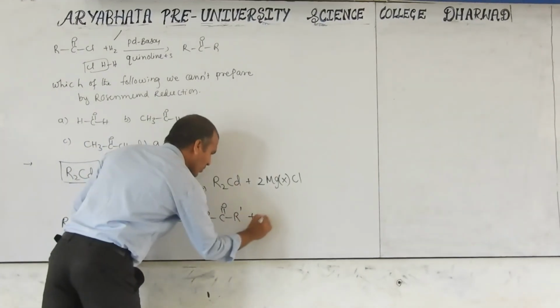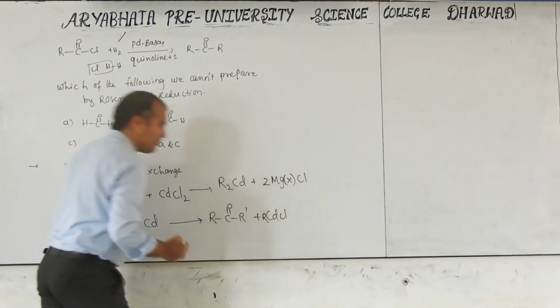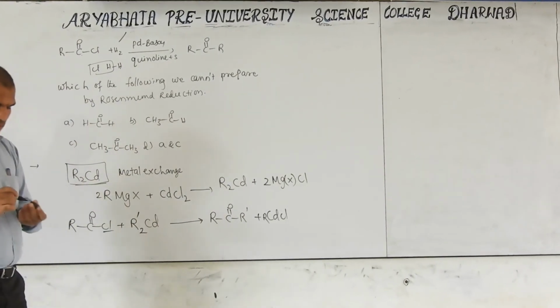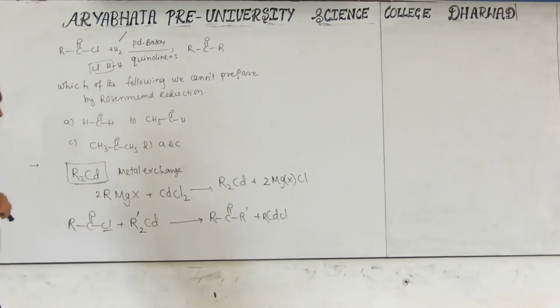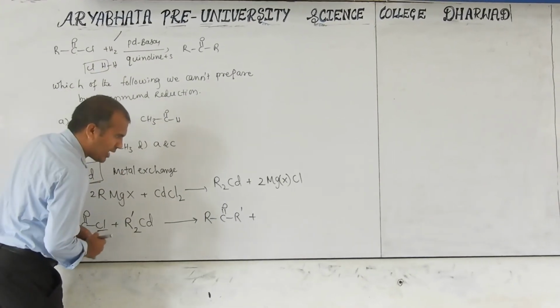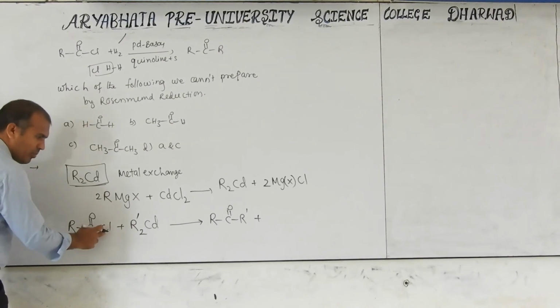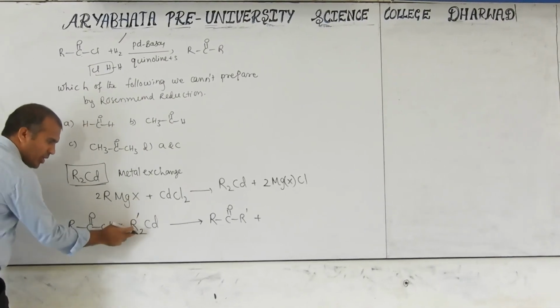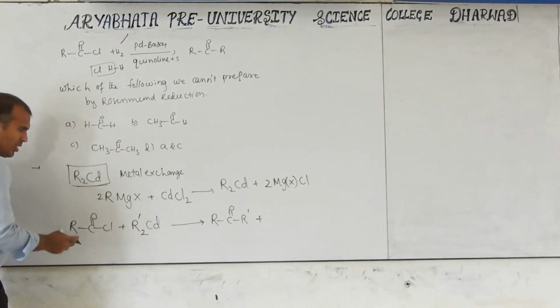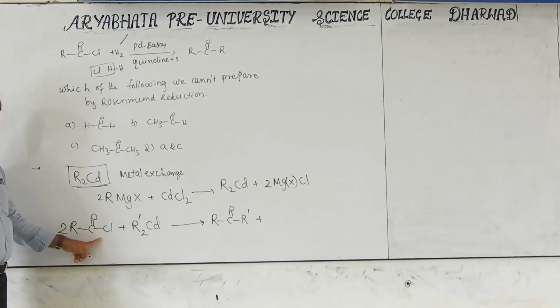Next, cadmium chloride. Now, actually, that is not R cadmium chloride, it is chlorine replaced with the alkyl group. How many alkyl groups are there? 2. That's why you have to take here 2 moles of acid chloride.